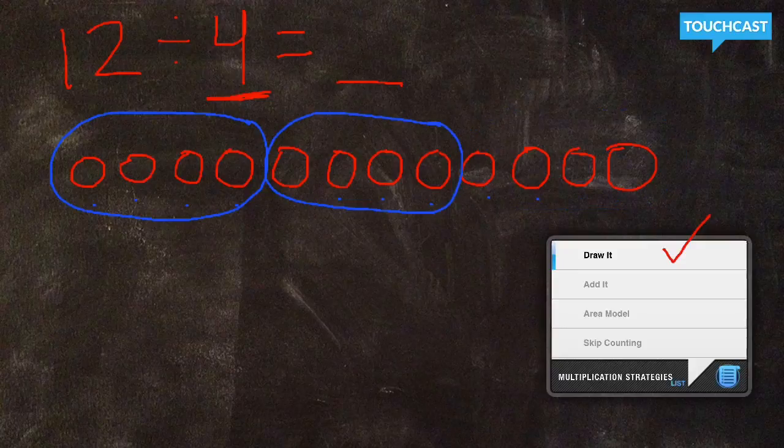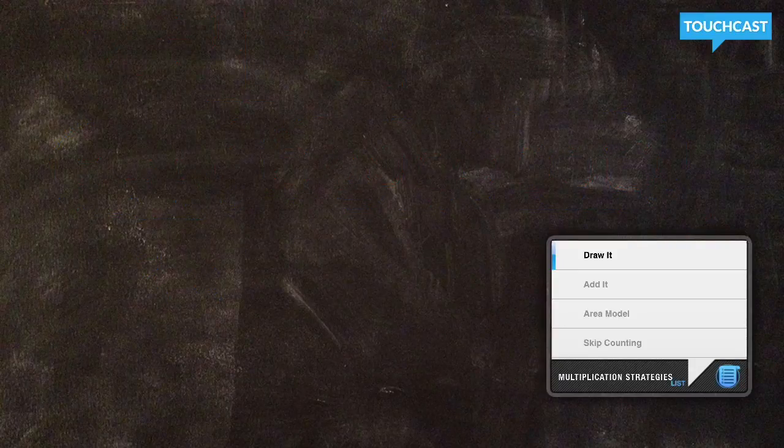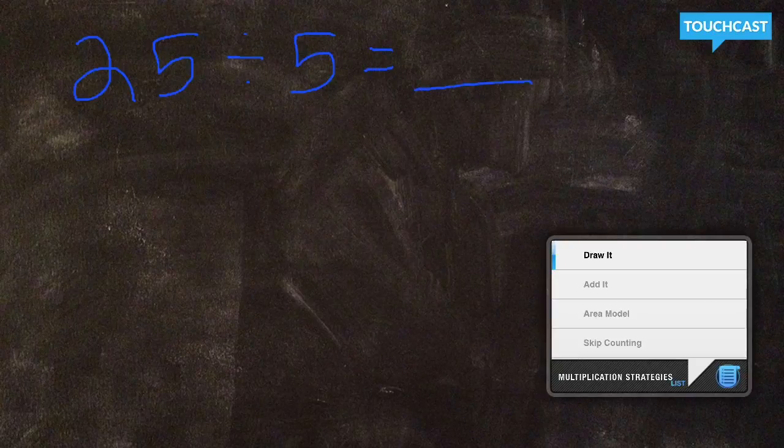Let's do another problem. Let's erase this. Okay, so let's say we have 25. So there's 25 total, and we're going to divide 25 by 5, and we are going to figure out the quotient, or the answer to that division problem.